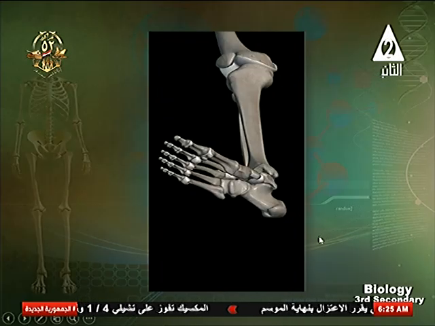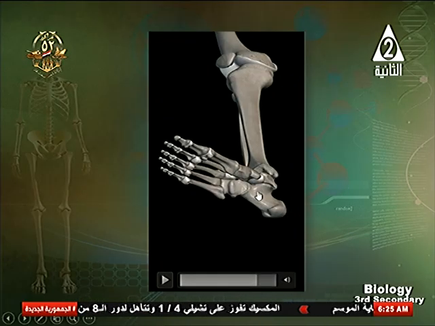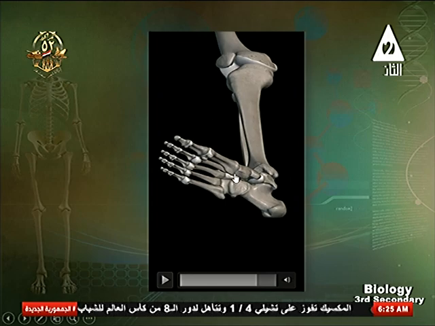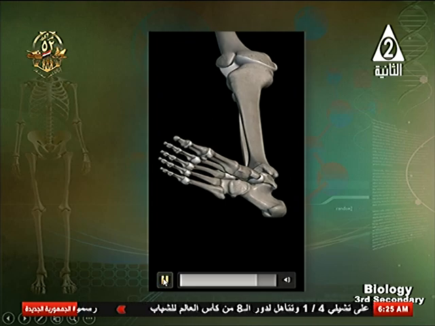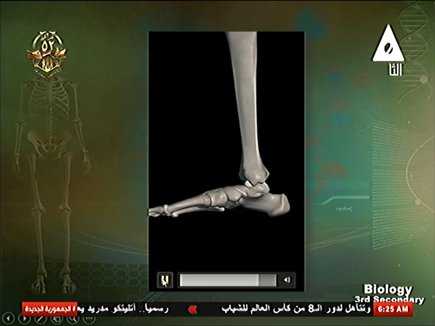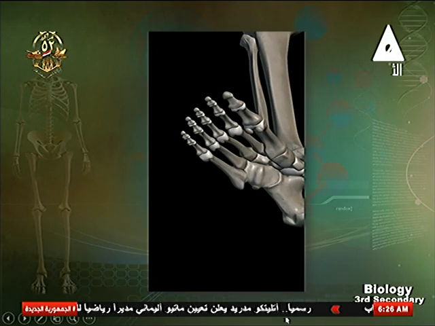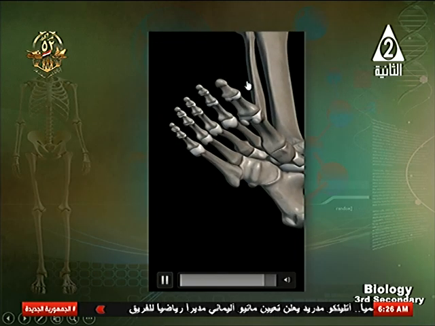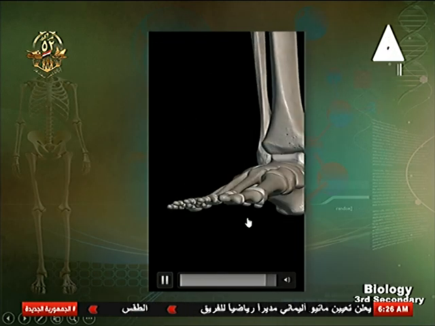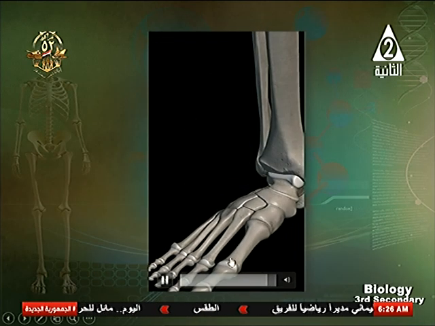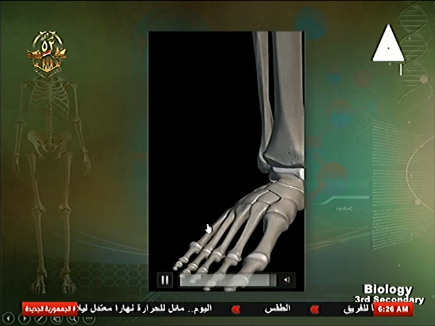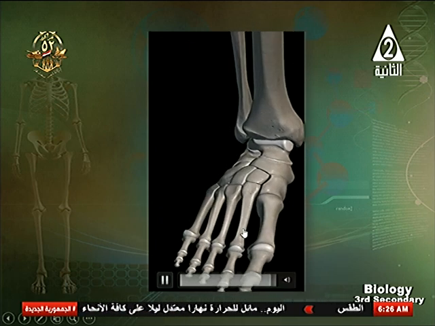It consists of three regions: ankle, instep, and toes. We will explain it in detail. Also, there is articular cartilage between each phalanx, and there are ligaments between bones.